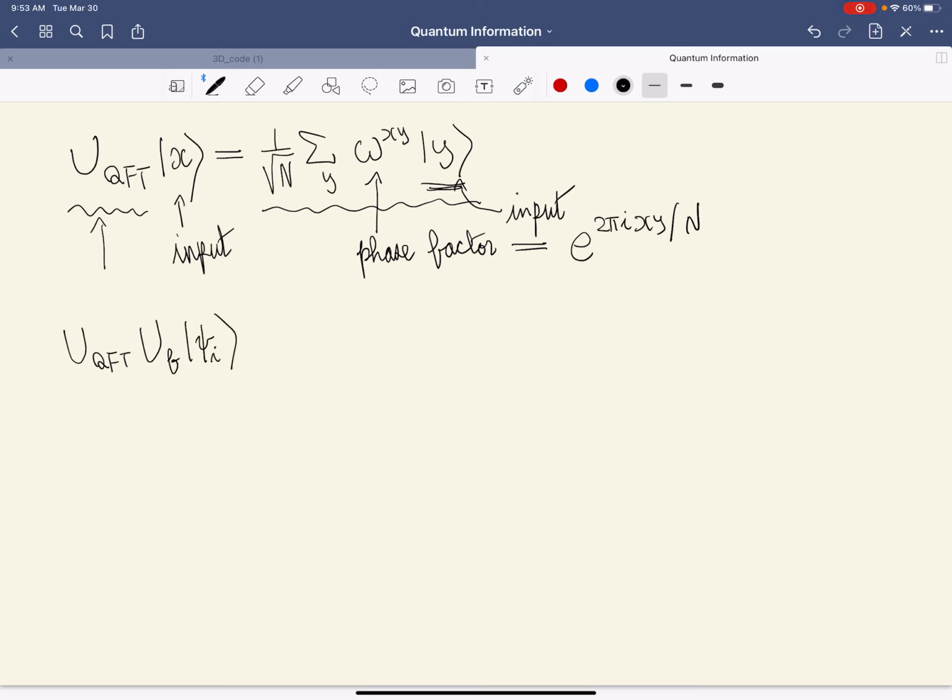Our previous function was obtained by performing the UF unitary operation on the initial state. Now I'm going to supplement that UF operation with a second unitary operation that I just called UQFT. So this is UQFT acting on, let me just copy this expression from the previous slide.